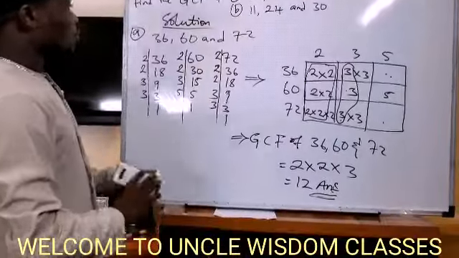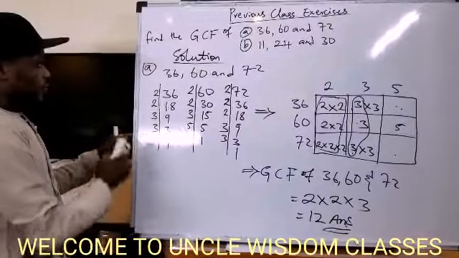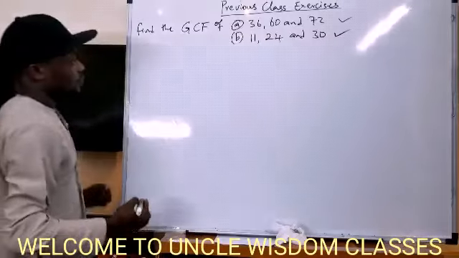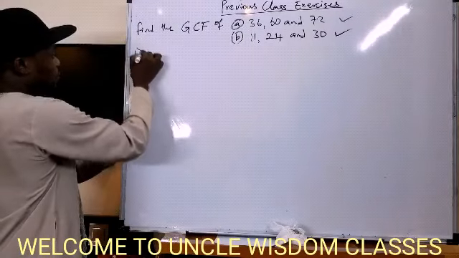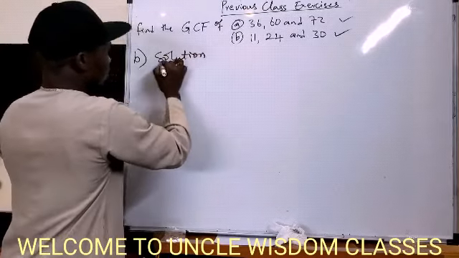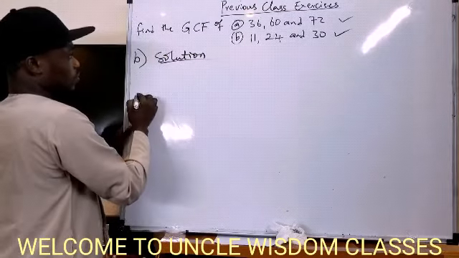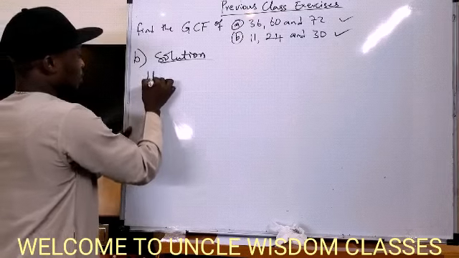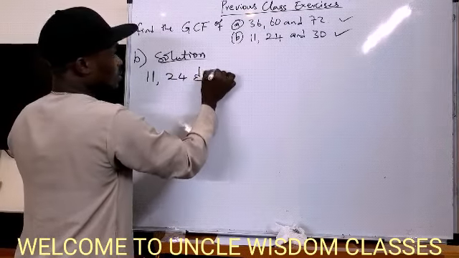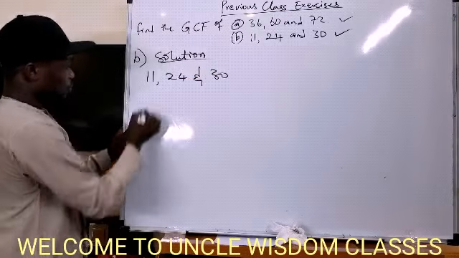So we now go to exercise B. Solution. 11, 24, and 30. So we take 11.